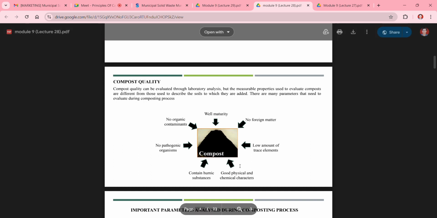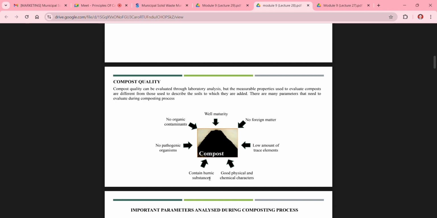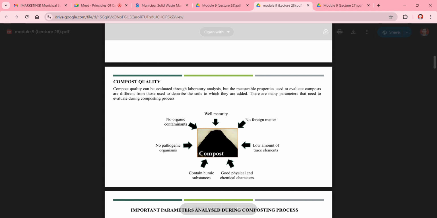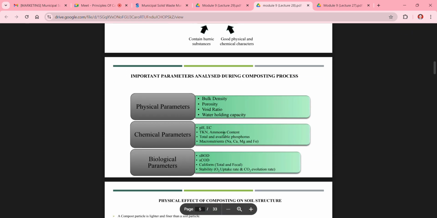Okay, then good physical and chemical characteristics should be there. It contains a proper amount of humic substances, no pathogenic organisms should be there, and no organic contaminants should remain for proper composting quality.